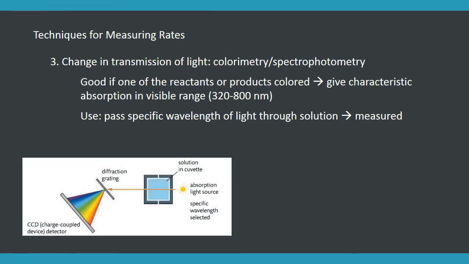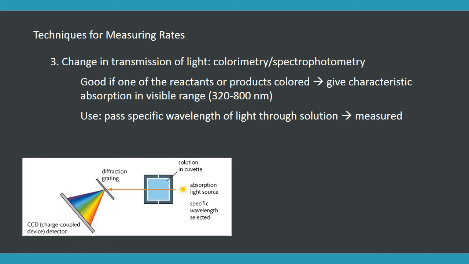So this is what happens: you have a light source. And we have a machine called a spectrophotometer, and it's going to pass a light through a cuvette. A cuvette is a really tiny piece of plasticware. In that cuvette, you're going to have a solution, right? And that solution is going to react. As that light's being passed through, it's going to separate out either the different colors, or it's going to allow less light to go through.